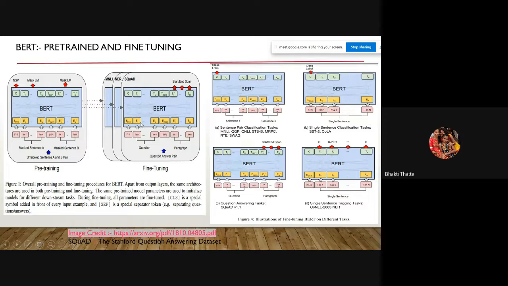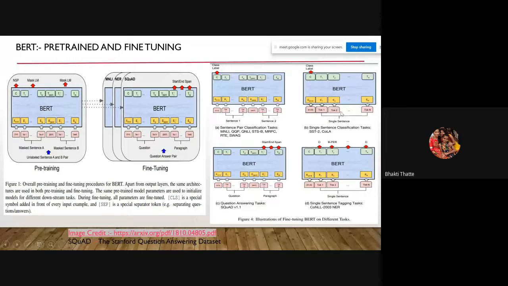So coming to pre-training and transfer learning, as I previously told, only the output layers are different. The problem statement is put at the output layer of the pre-trained model, and it gives exactly the functioning we want.